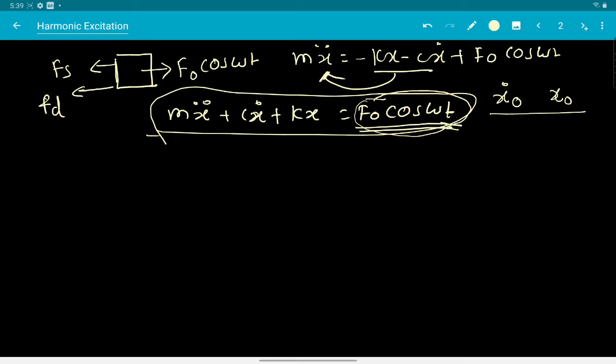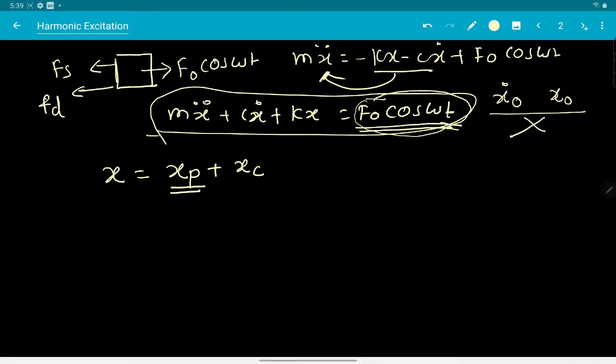When we were solving Coulomb's damping, we saw how to tackle such differential equations which have non-zero terms sitting over here, which are non-homogeneous equations. So what we do is decompose x into two parts. One is xp, which is the particular integral, and the other is called the complementary solution, xc. While deriving xp, we completely disregard the initial conditions.